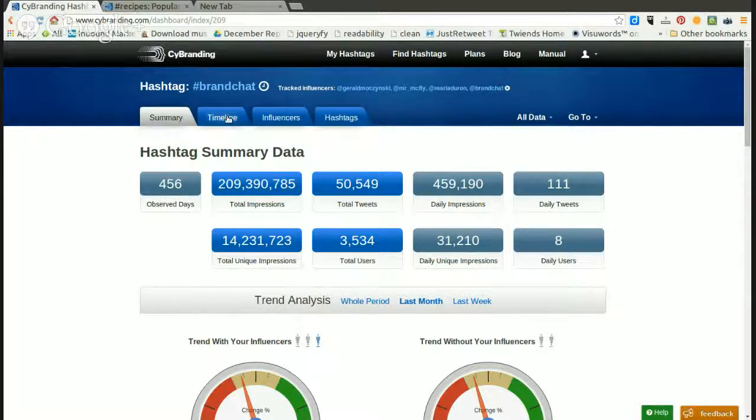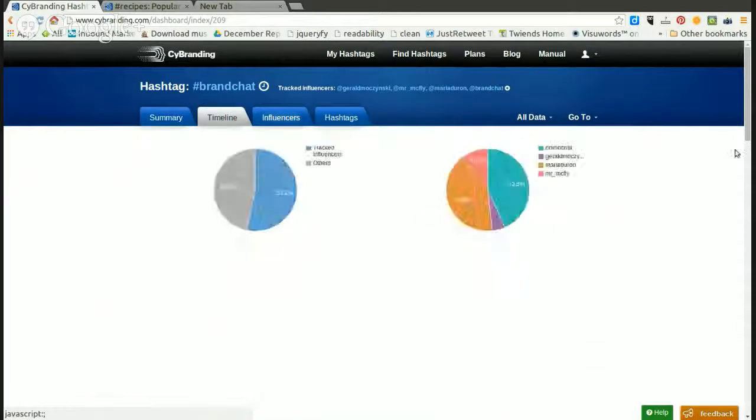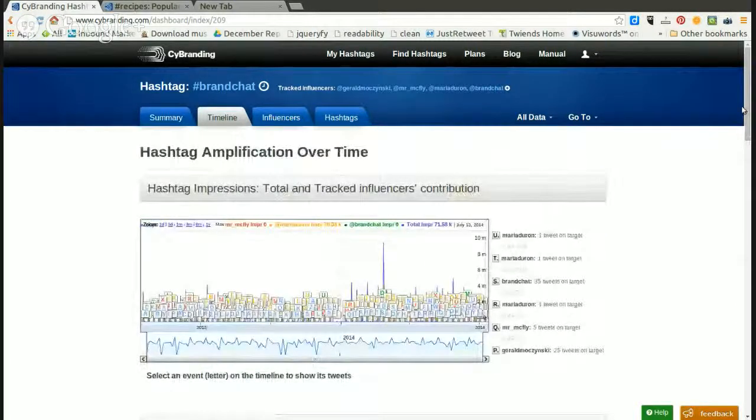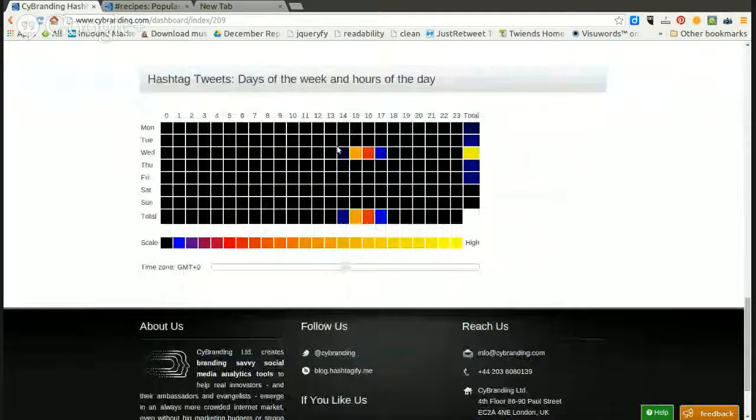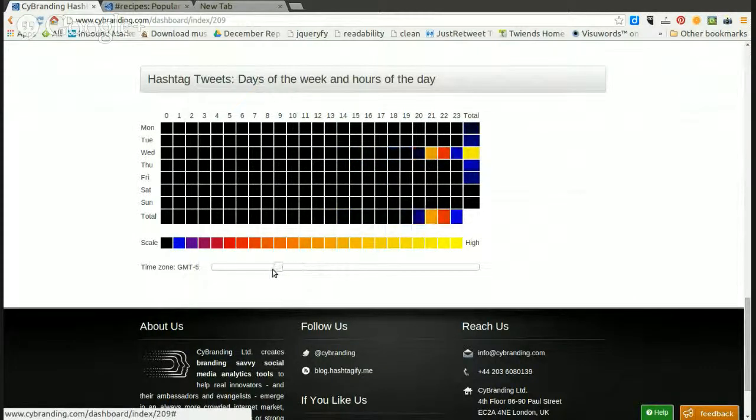So for example, when is this chat held? You can see it here. You can also see the same data on Hashtagify.me. You can see that it is almost always used on Thursdays. You can choose your timing, for example GMT-6 at 9 p.m. is the time when most people use this, simply because, being a Twitter chat, it has a timing.